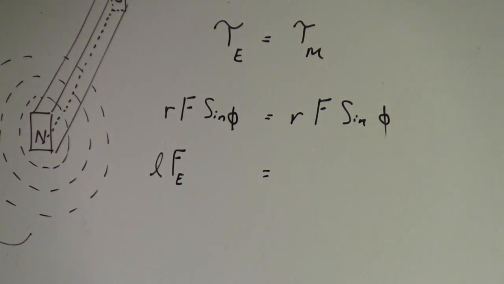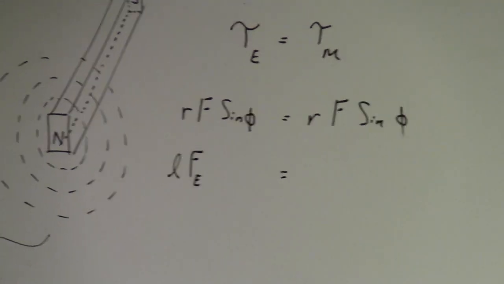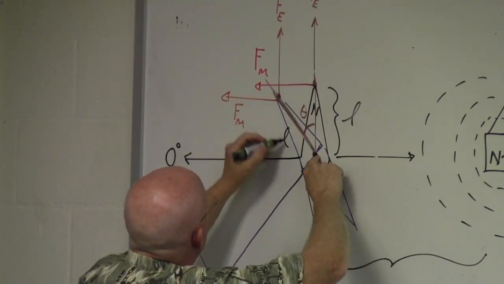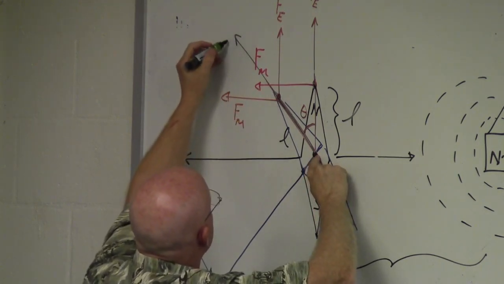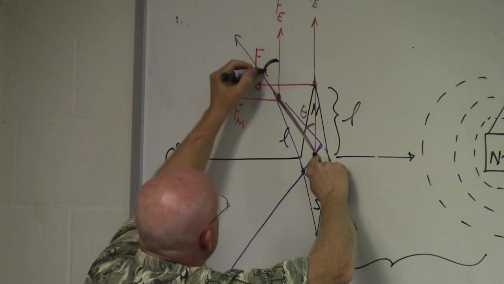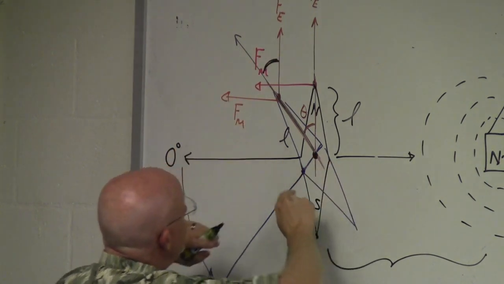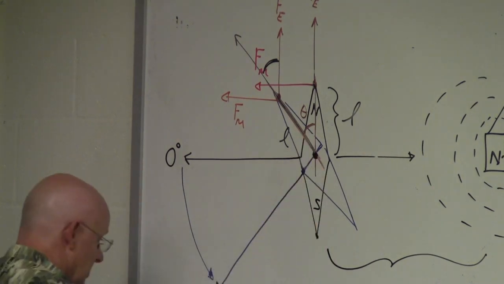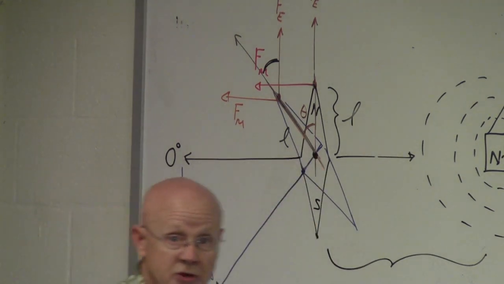Now, the angle here might be a little tricky, and so this right here would be the L, and so that's the R vector. This is the E, and that's the angle between them. But I'm hoping you see the angle that is the same as that, which I've called theta.